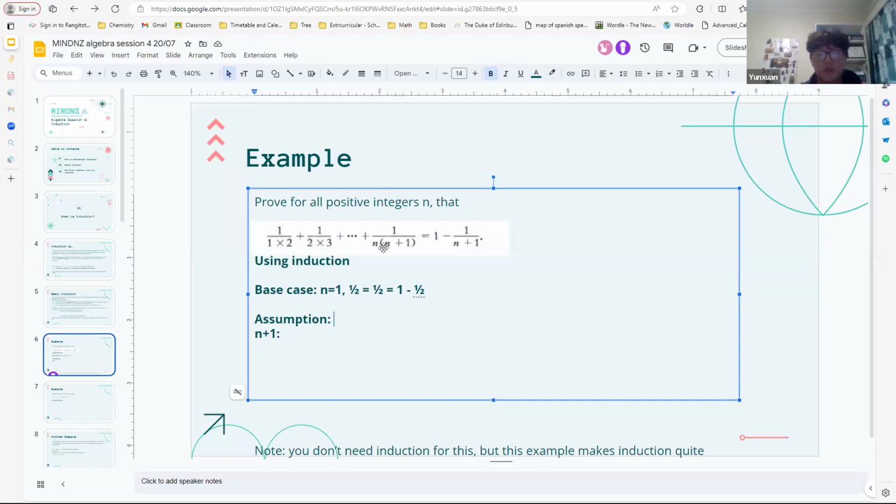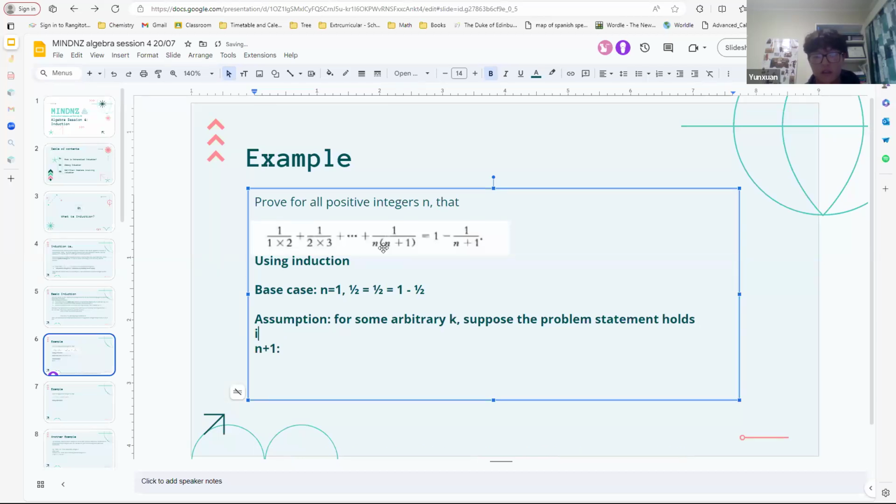The assumption would be, for some k, suppose the problem statement holds. In other words, 1 over 1 times 2 plus all the way to 1 over k times k plus 1 equals 1 minus 1 over k plus 1.